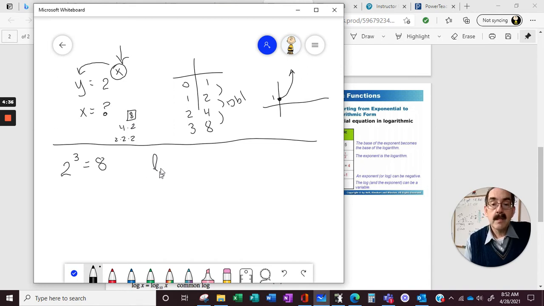Translate. Log base 2 of 8 is equal to 3. Now, he mentioned colors. So, the base number, log base.